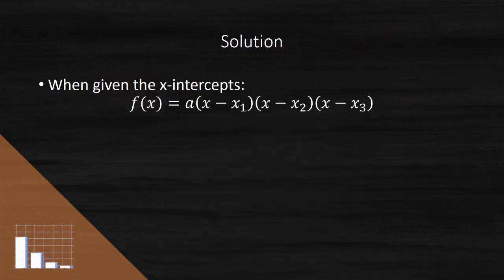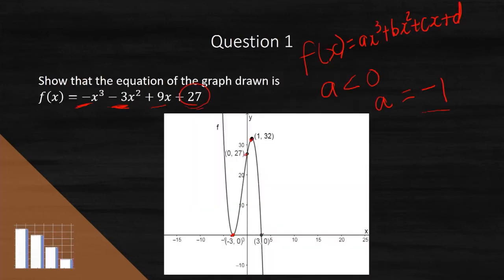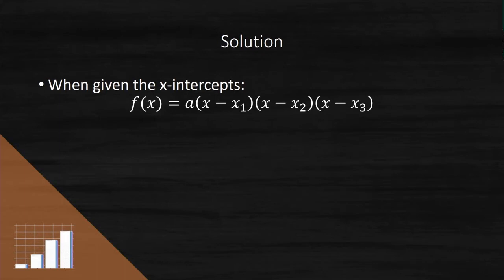Well, very simply, what you need to remember is that when you are given the x-intercepts, which in this case you are, we've got x-intercepts here, minus 3 and 0, and then the turning point being one of the x-intercepts, that occurs twice. So when you're given the x-intercepts, we're going to use f of x is equal to a times x minus the first x-intercept, times x minus the second x-intercept, times x minus the third x-intercept.